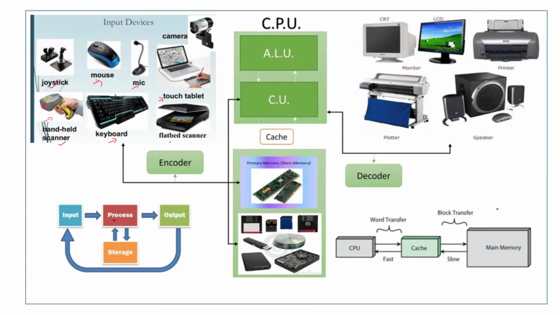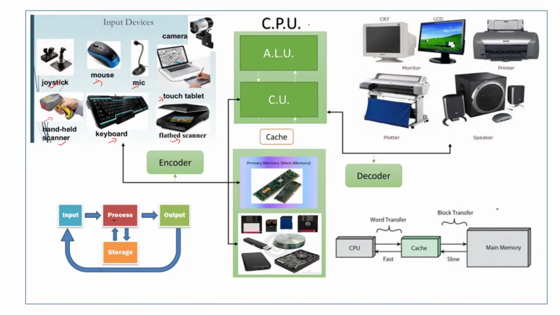Then we have scanners if you want to scan documents. Whatever inputs we give are encoded, and for that we have an analog to digital encoder. All these things are available.